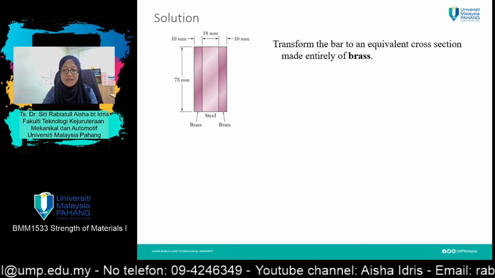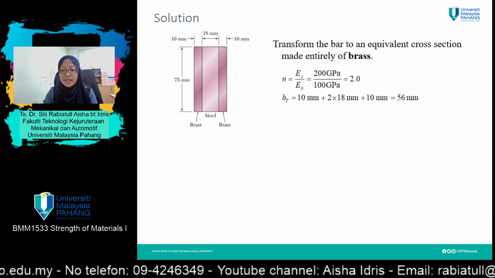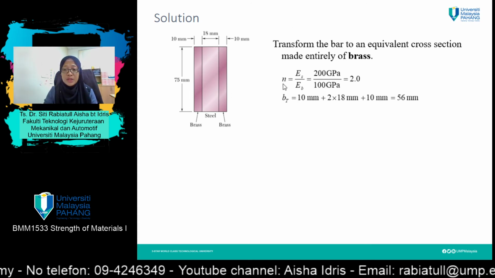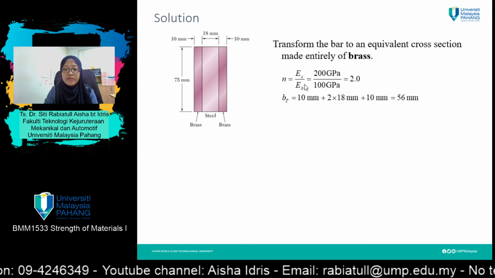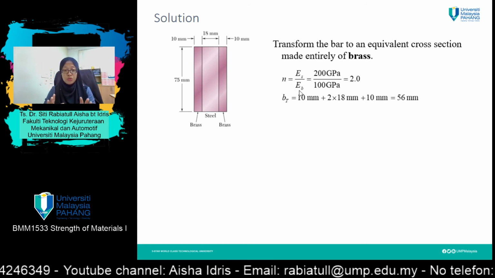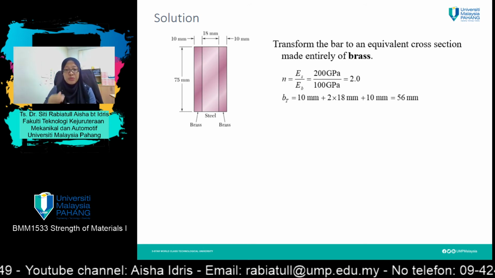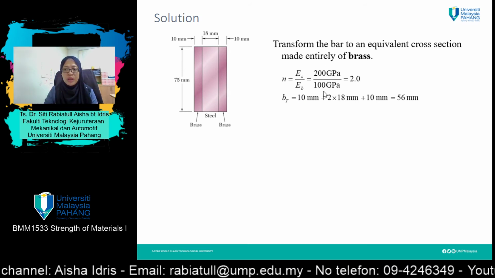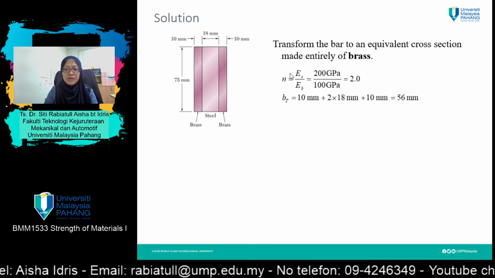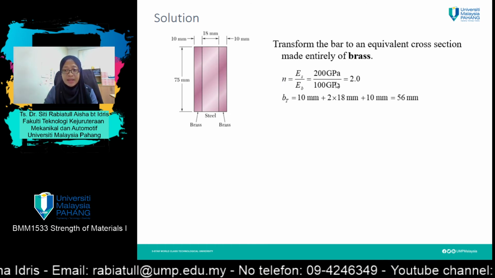So how to change it? Firstly, you need to transform the section with the formula n equals E steel divided by E brass, because we want to change everything into brass, so we need to divide by brass. 200 divided by 100 equals 2. So the value of n is 2.